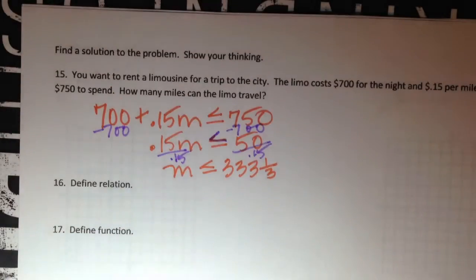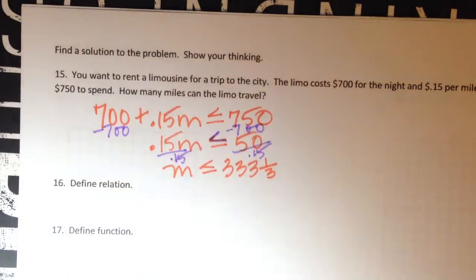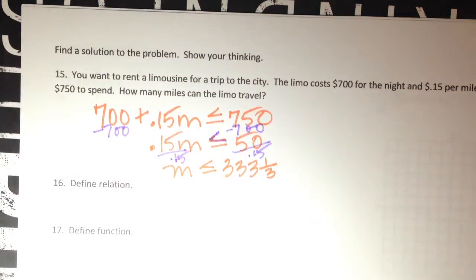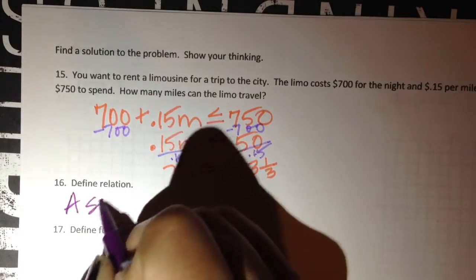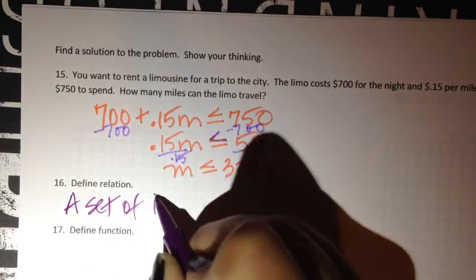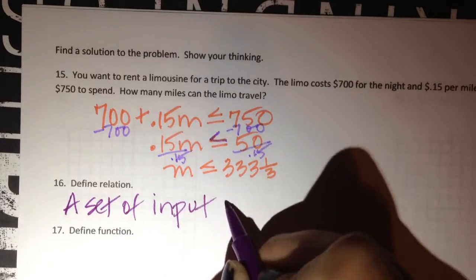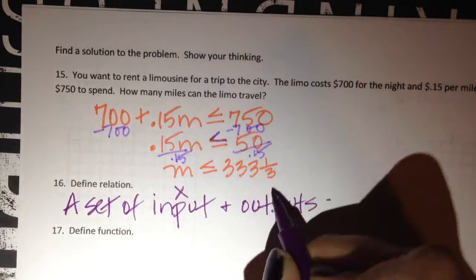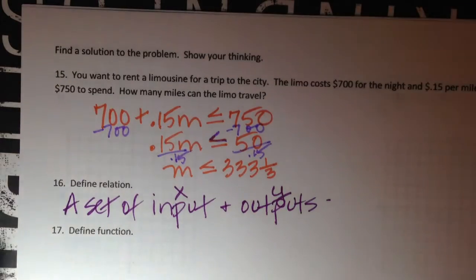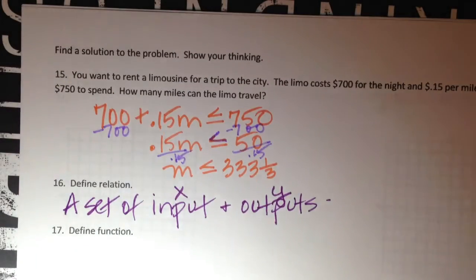Moving to the relation and function area of your test, defining a relation: the basic definition of a relation is a set of inputs and outputs. When we talk about inputs and outputs, we really are thinking about our x and y, independent and dependent values. A function is more specific.